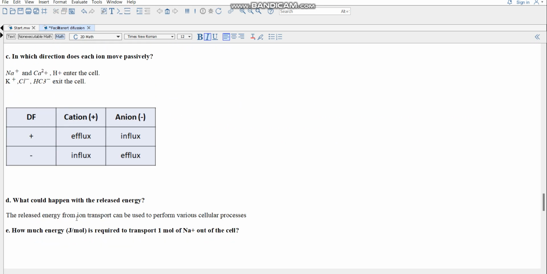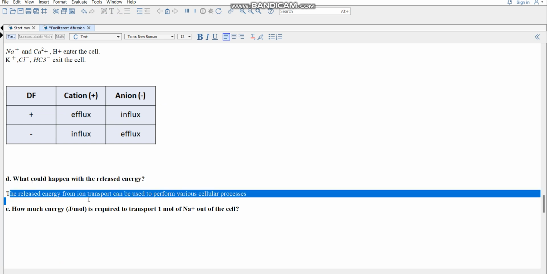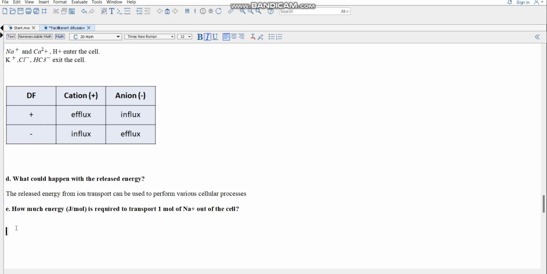Now they ask you what could happen with the released energy. Well, the released energy from ion transport can be used to perform various cellular processes. For example, just to give you guys one example here, secondary active transport, right? Now they ask you how much energy is required to transport 1 mole of sodium plus out of the cell.